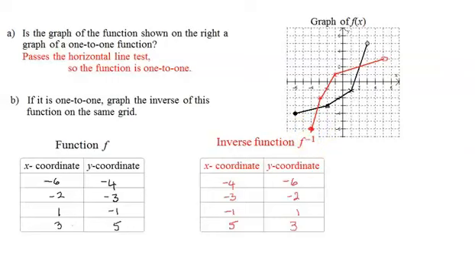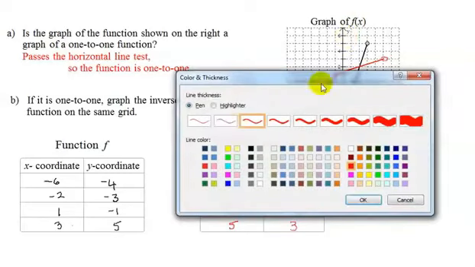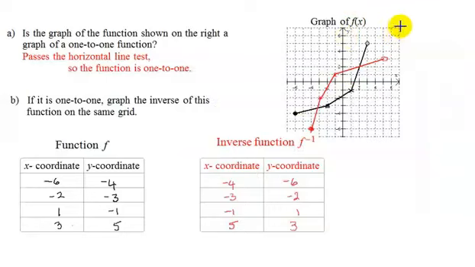And one other thing to remember is when you graph a function and its inverse, they should be reflections about the line y equals x, which if I can try and get it is roughly there. It's not exact, but that's about as good as this pen's going to let me. This is the line y equals x.